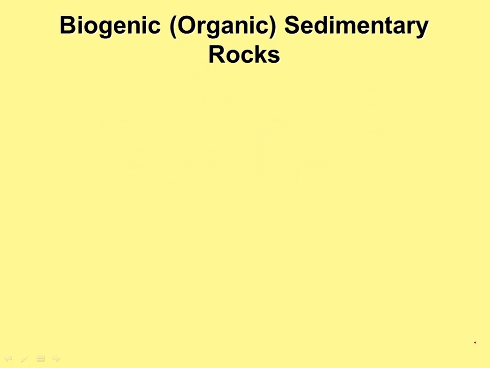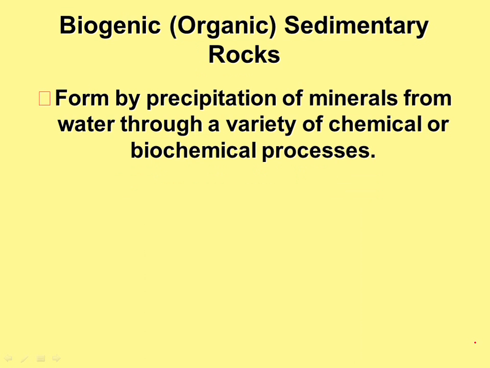Okay, so what I want to spend my time on this afternoon is getting into the biogenic, organic sedimentary rocks, biogeochemical rocks, if you like. They form by precipitation of minerals from bodies of water through a variety of chemical or biochemical processes.